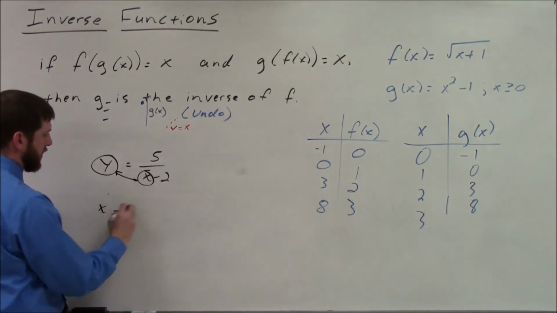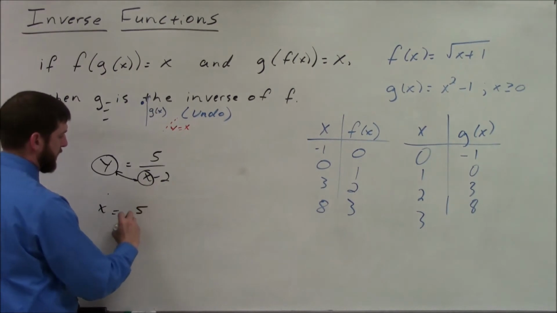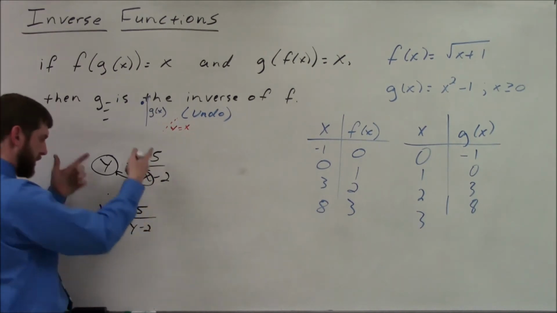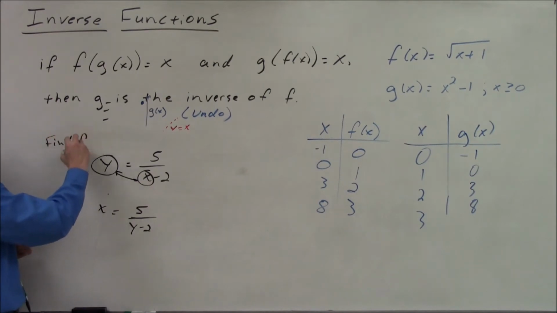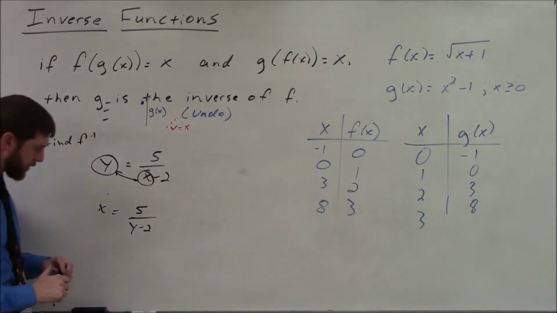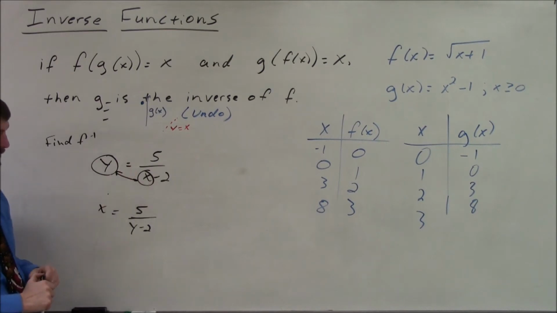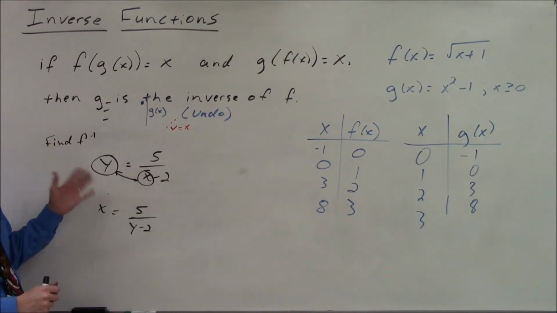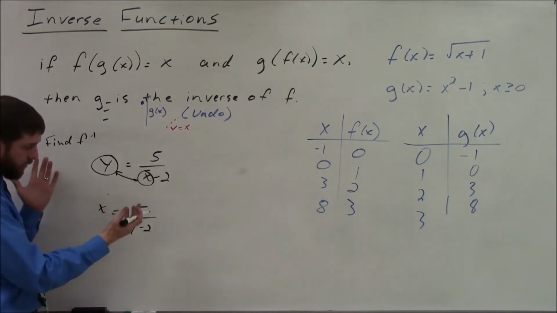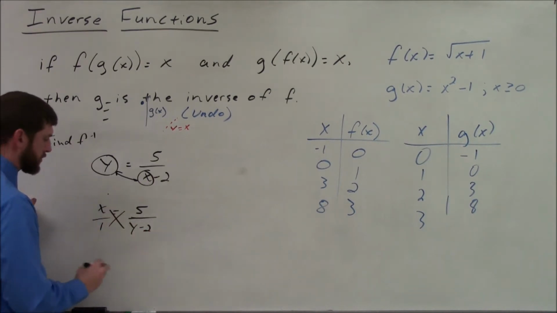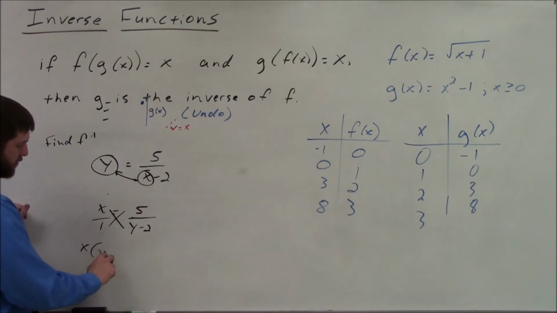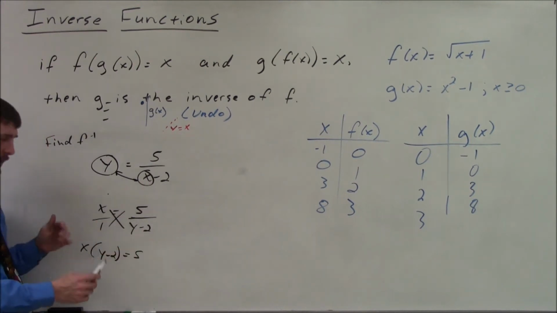Take x and make it equal to 5 over y minus 2. And in this particular example, we're going to find the inverse. Find f inverse. So when I'm doing that, just swap x and y and then go through and isolate your variable. So right now we have a rational equation. We put it over 1, cross multiply. We get x times y minus 2 equals 5. And then go through and isolate y.